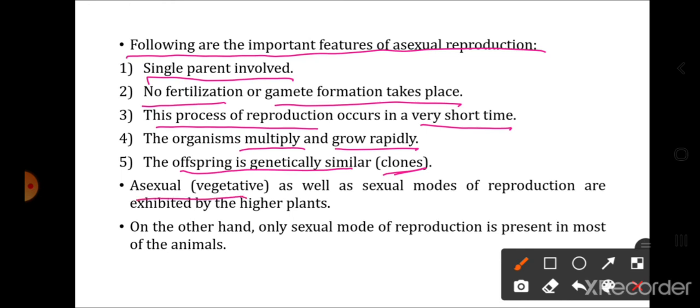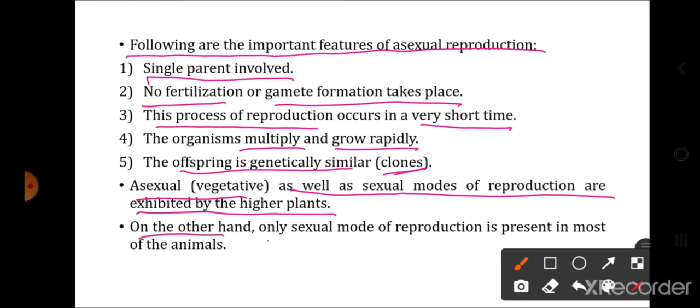Asexual, that is vegetative, as well as sexual modes of reproduction are exhibited by higher plants. So in higher plants, both methods of reproduction take place, vegetative, that is asexual reproduction, as well as the sexual mode. But when we consider animals, in most of the animals the sexual method is the only way of reproduction.